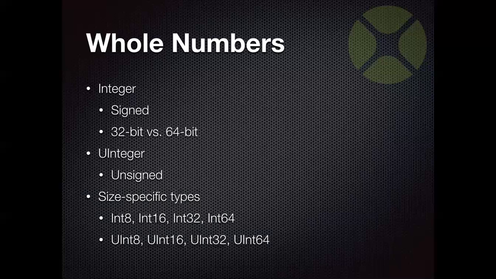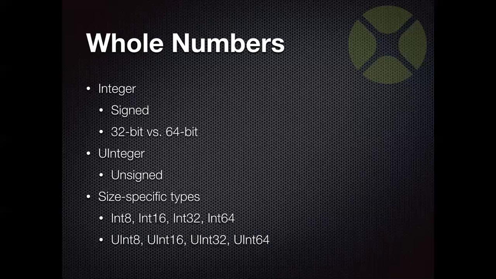Now, there is one exception to this rule, and that's when you really, really need super large values. In those particular cases, you may want to take advantage of int 64 and uint 64, particularly if you're on, say, a 32-bit system. So if your app is a 32-bit app and you're going to need really large values, maybe for database keys or something, you may want to specifically use int 64 or uint 64.